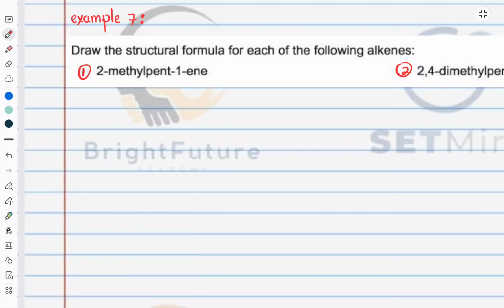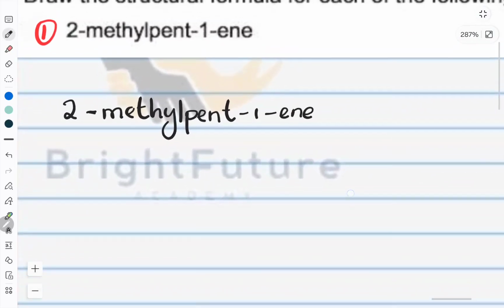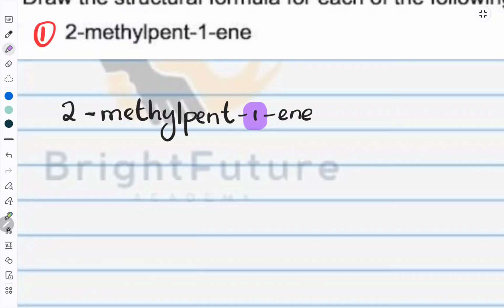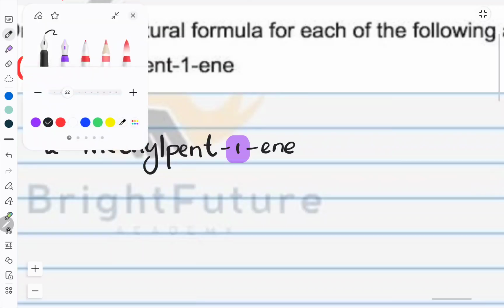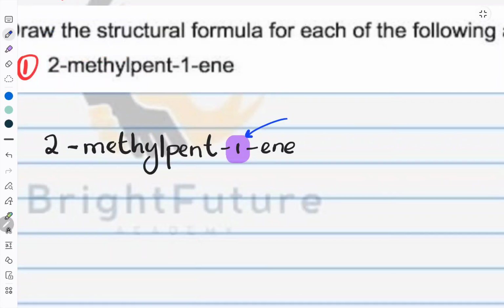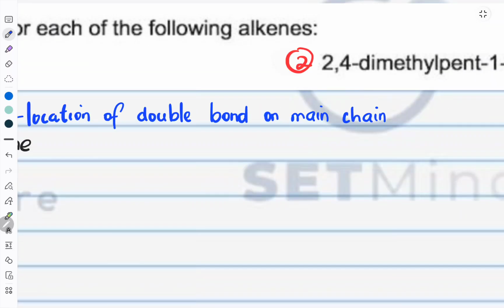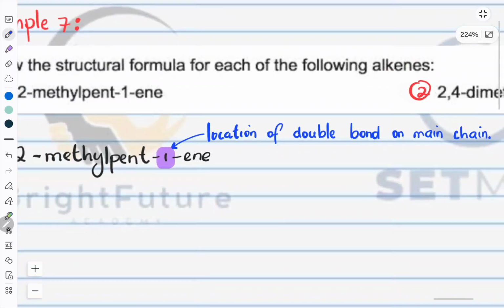Okay. Remember what we said. We said this one tells us the position of the double bond in the main chain. So no, let's call it location. Right, location of the double bond on the main chain.